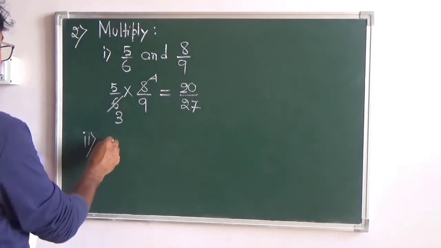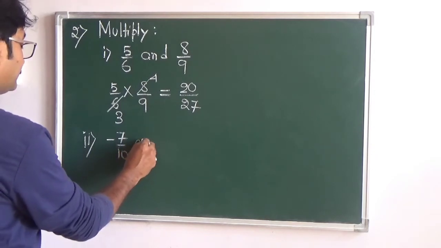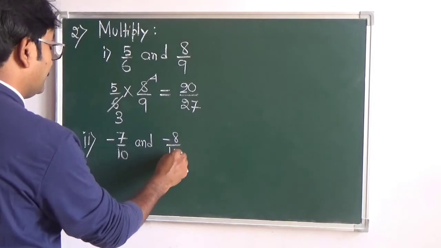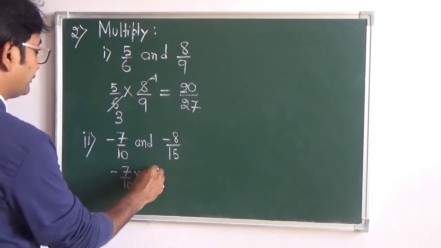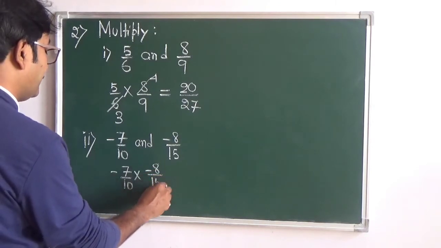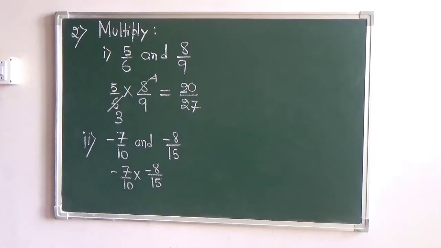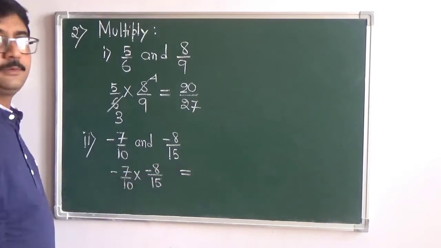Number 2, minus 7 by 10 and minus 8 by 15. So this you can write as minus 7 by 10 into minus 8 by 15. So here also you can reduce 10 and 8 by 2, and because of 2 negative signs, the final result will be positive.